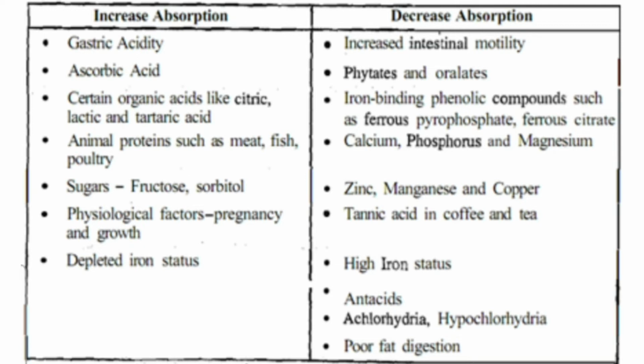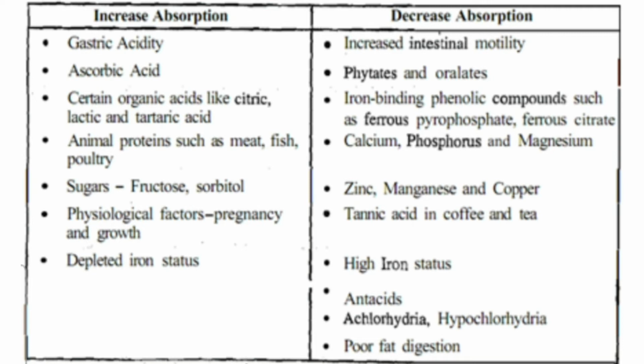The second one is increased gastric motility. Dietary fibers like hemicellulose reduce the rate of absorption by increasing gastric motility. A high fiber diet also contains phytates, which reduce iron absorption. Now some components like phytates and oxalates are very common organic acids present in food, and they can combine with iron and reduce absorption.